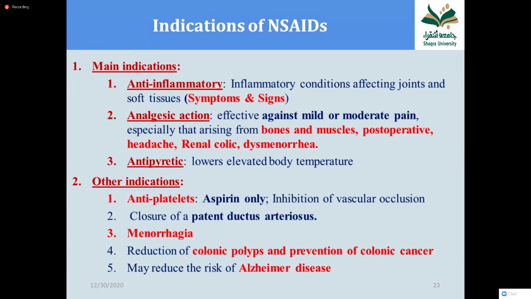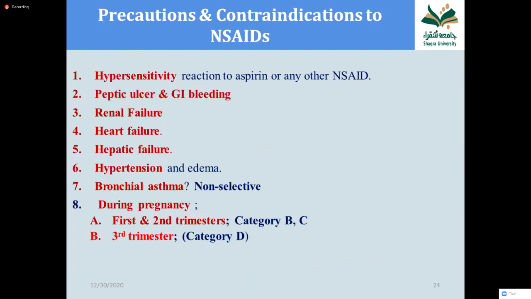They are used in menorrhagia, reduction of colonic polyps, and prevention of colonic cancer, because with long-term use of NSAID it has been seen that they prevent colonic cancer. Even those patients who take NSAID for a longer time have reduced risk of Alzheimer's disease compared to those who are not taking.